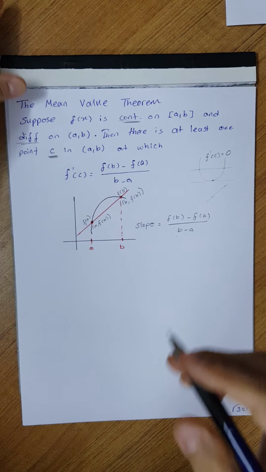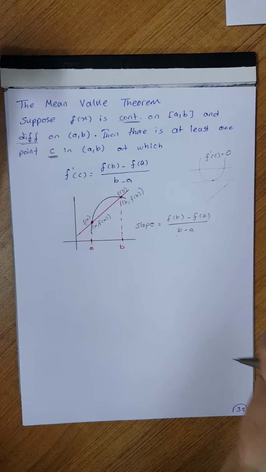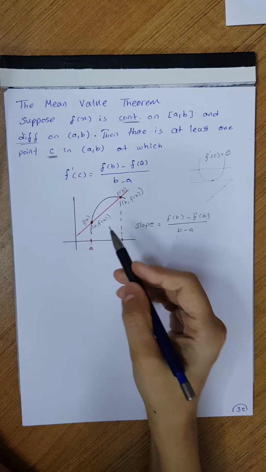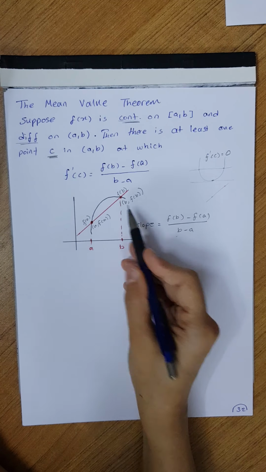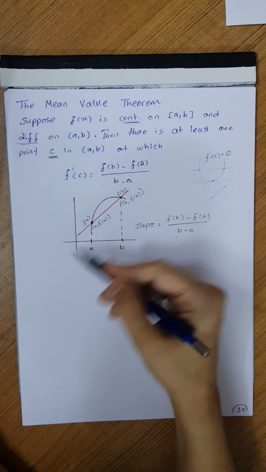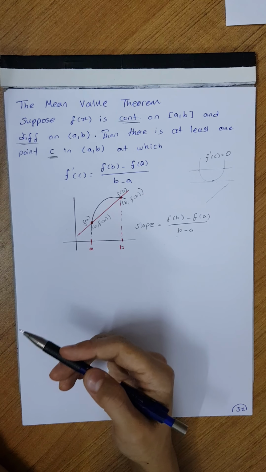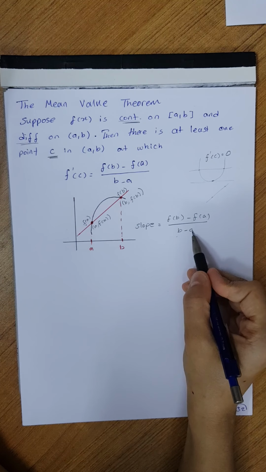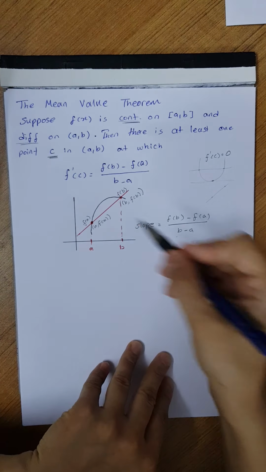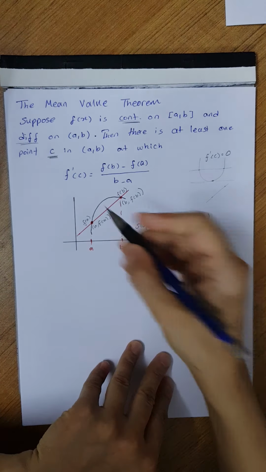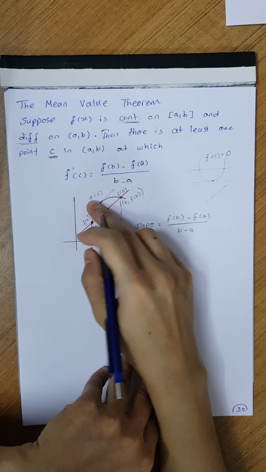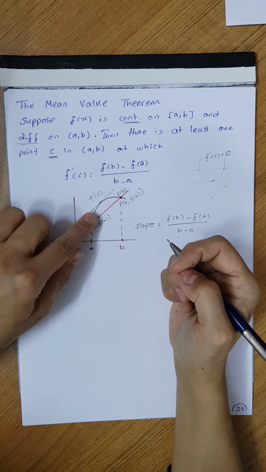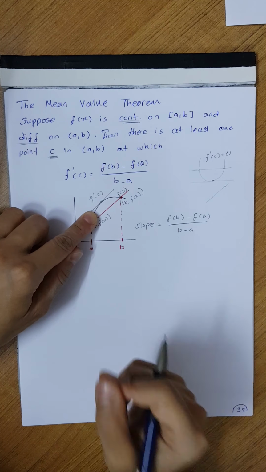If you remember, we have y1 minus y2 over x1 minus x2, but here instead of y1 and y2 we have f of A and f of B, and instead of x1 and x2 we have A and B. So that is the slope of that slant line. Since we have a slant line with this slope, I can find a tangent line here such that, since it is parallel to this one, their slopes are equal to each other.